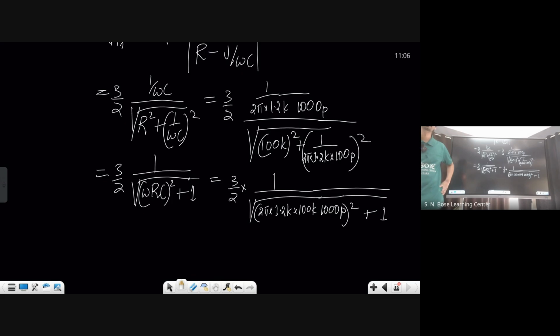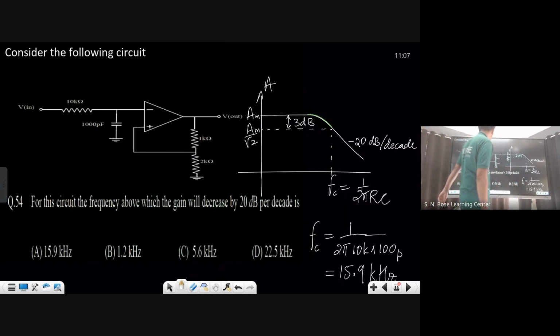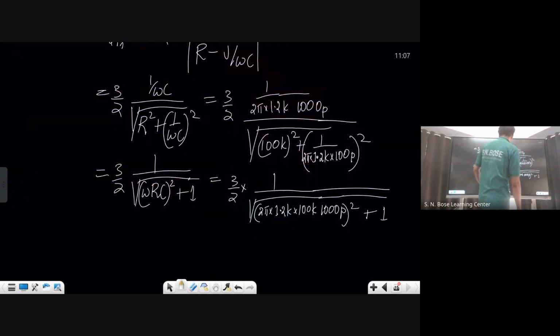Can you tell me why? That is the GATE problem. If 15.9 kilohertz is the cutoff frequency, at 1.2 kilohertz you have full gain, am I right? That means the filter is completely passing. The filter has no role now. Only the gain is decided by 3 by 2. You evaluate that.